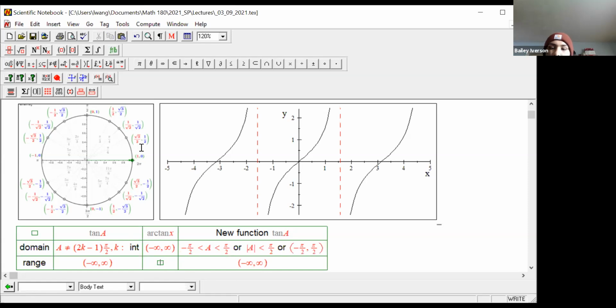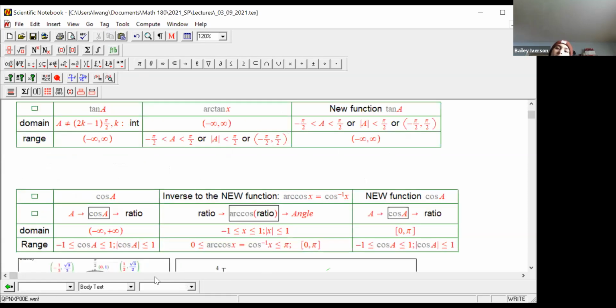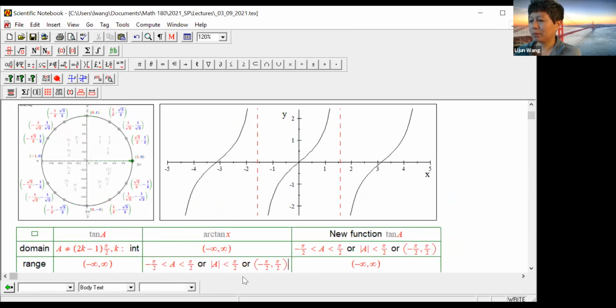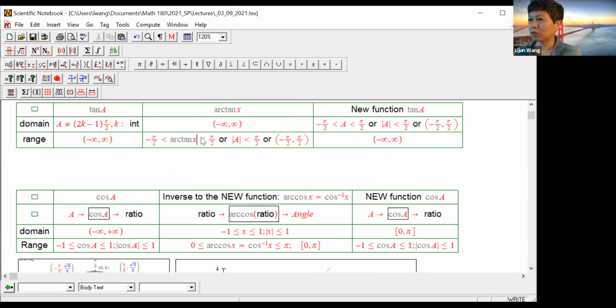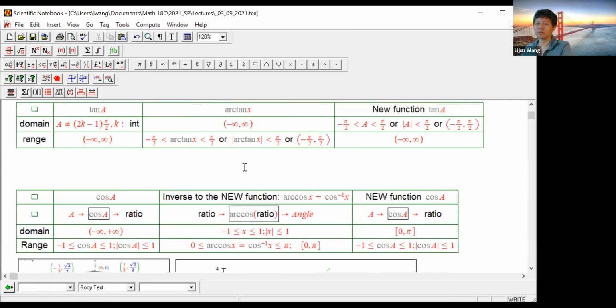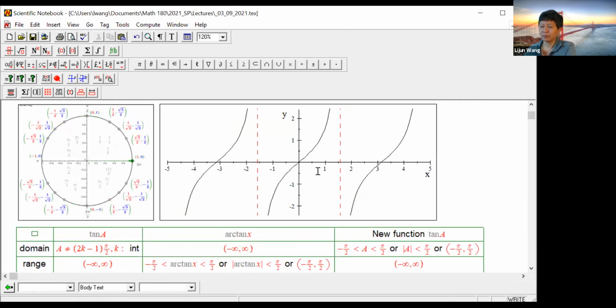You got it. How about everybody else? So arctan is always between negative pi over 2 to pi over 2. Once you go through this process, you're set.